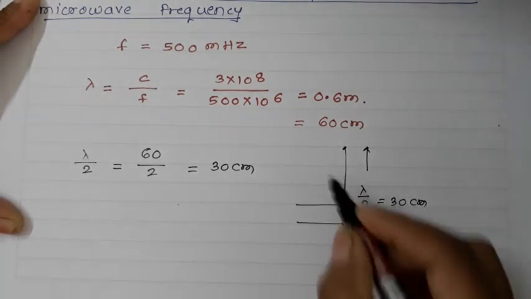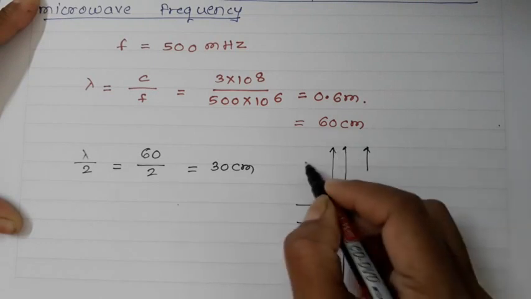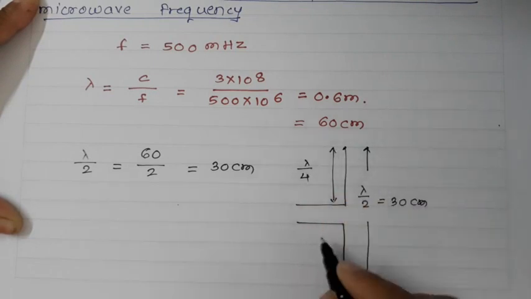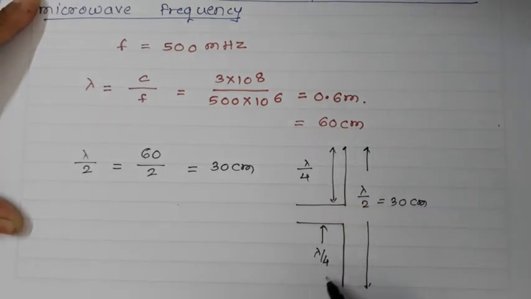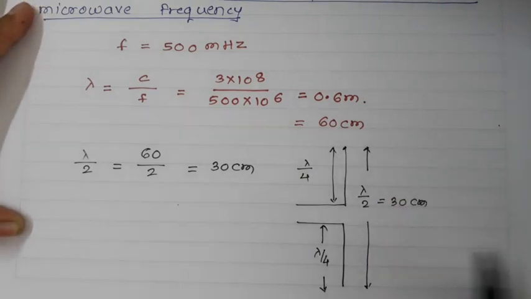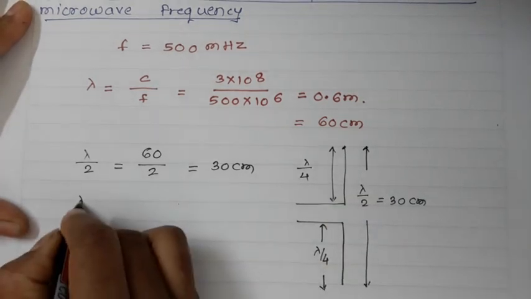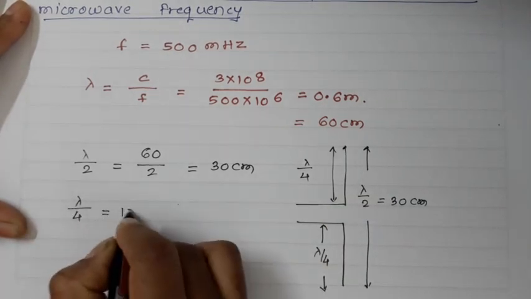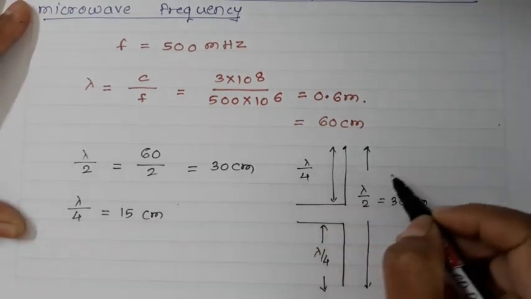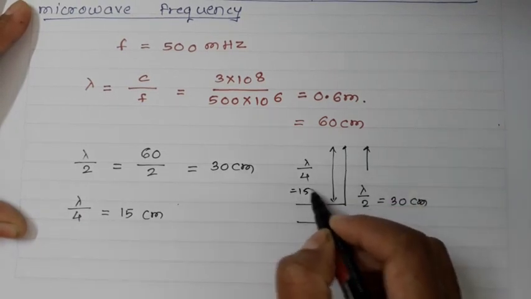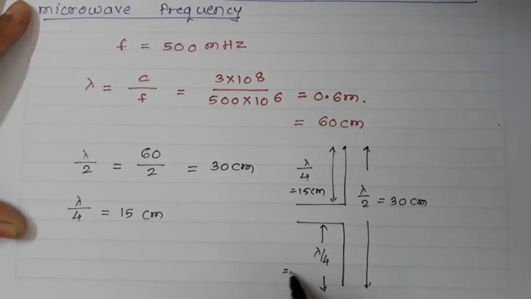That's why each arm must be lambda by 4 in height. So if this complete length is 30 centimeters, this lambda by 4 is 15 centimeters, and this must also be 15 centimeters.